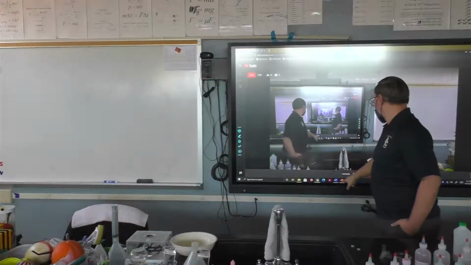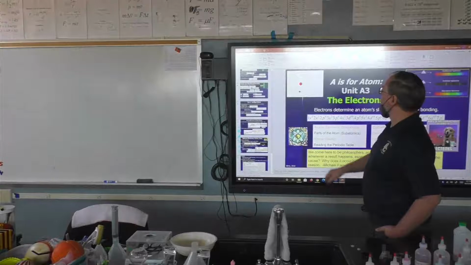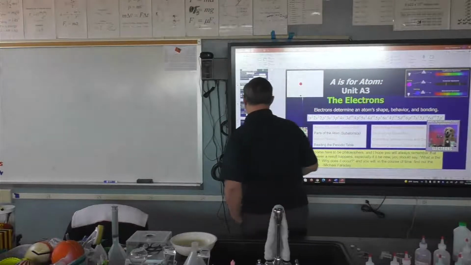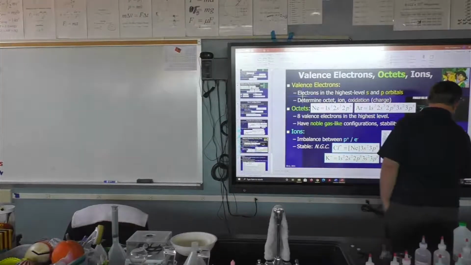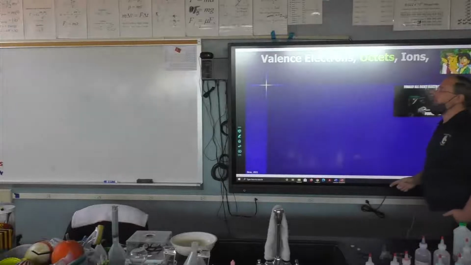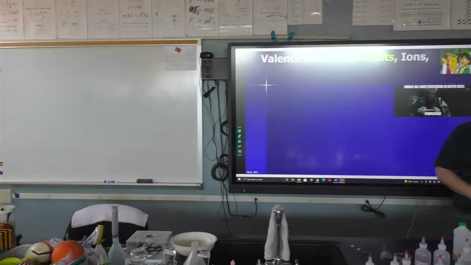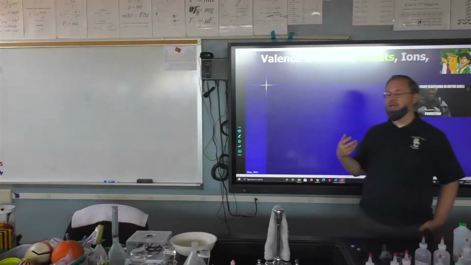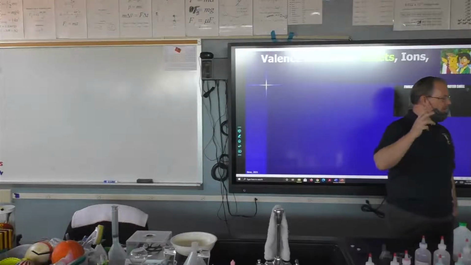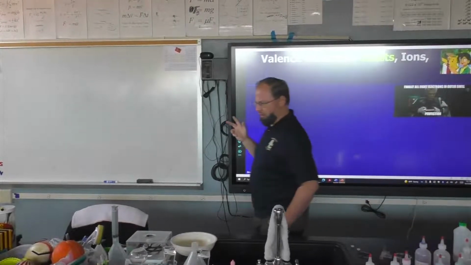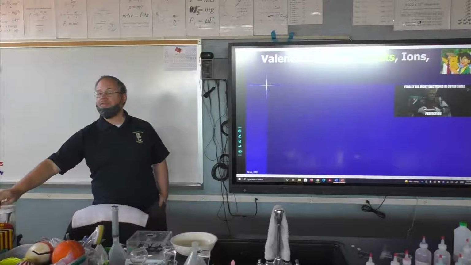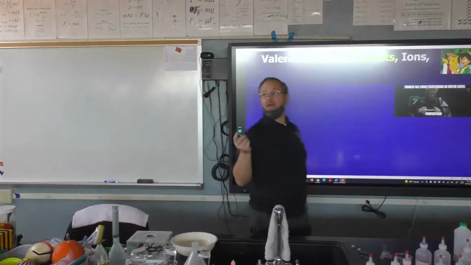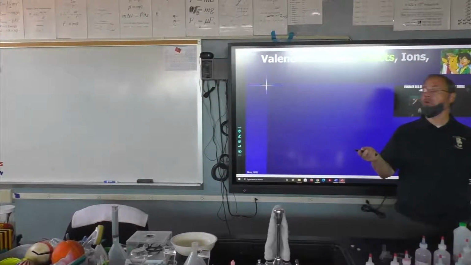Okay. So the last thing you need to know about electrons is this idea of valence electrons. Valence electrons are the electrons in the highest shell, and they are the sum of the highest s and p orbital.